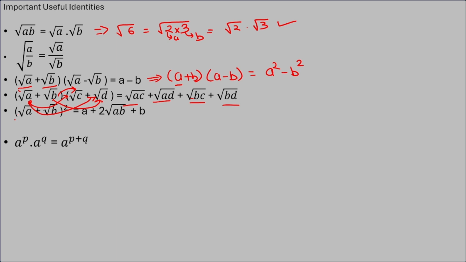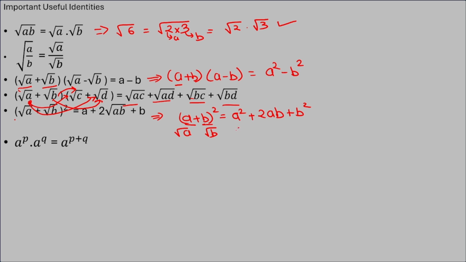Similarly, the a plus b whole square formula we all know. So a plus b whole square will be a square plus 2ab plus b square. Right? Similarly, here just a needs to be replaced with under root a, and b needs to be replaced with under root b.